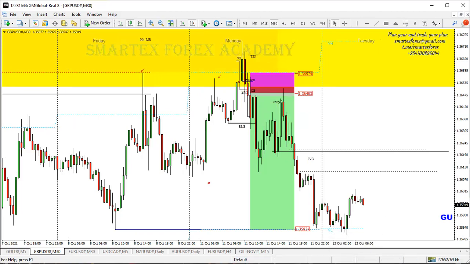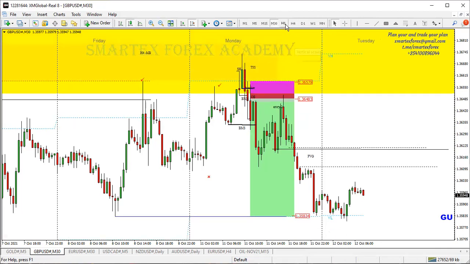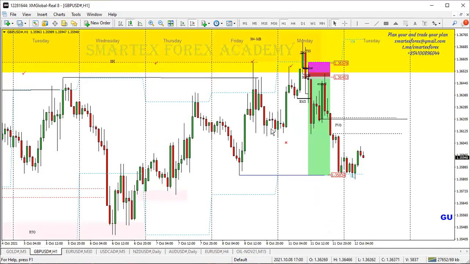Now let's see what we have today. So we move to the higher time frame, which is H1. Now, after this break of structure here, this is our BMS. After this BMS, we need to see the market seeking internal liquidity.